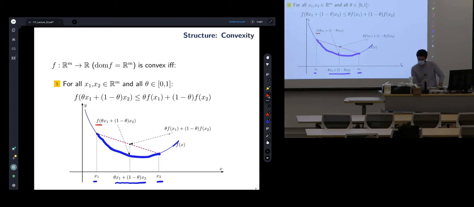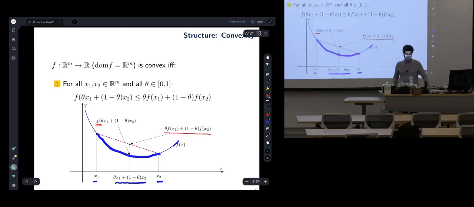But if you interpolate the function values between x1 and x2 like this, this will be this red line. So the function is always below that red line. That's the definition of convexity for a function. It doesn't have to be 2D. It's true for arbitrary dimension, Rm.